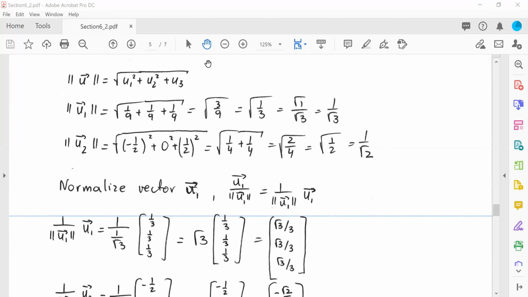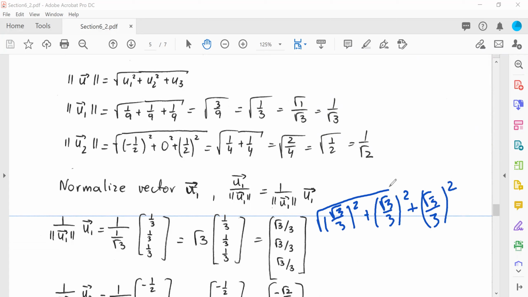It's very easy and straightforward to check that the length indeed is 1. We would take the square root of root 3 over 3 squared plus root 3 over 3 squared plus root 3 over 3 squared. So I'm having 3 ninths plus 3 ninths plus 3 ninths, taking the square root of that.